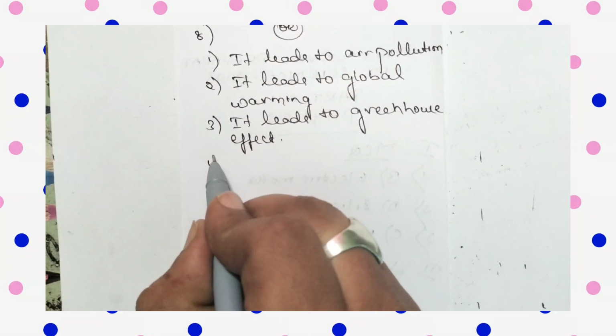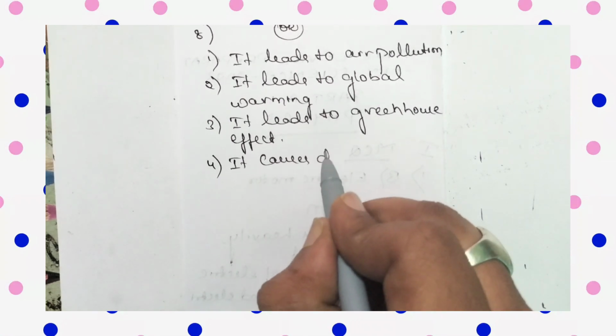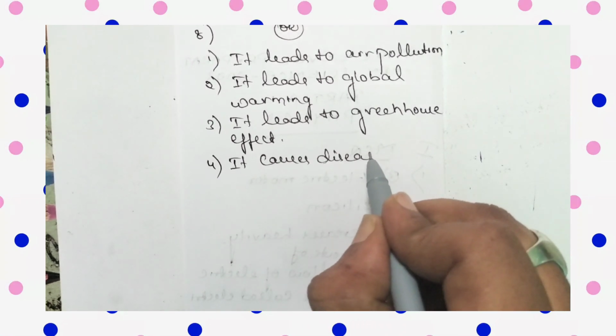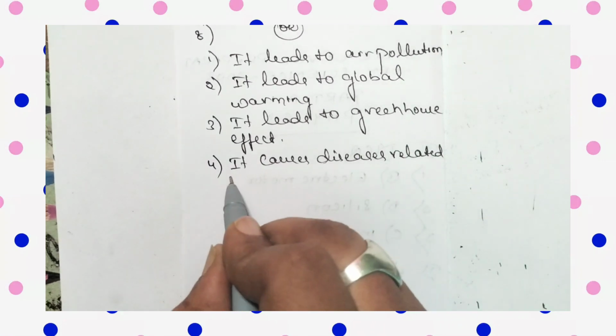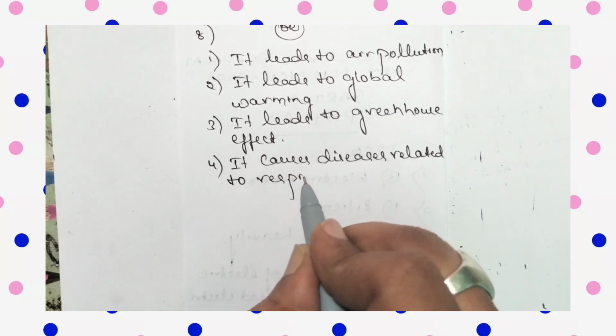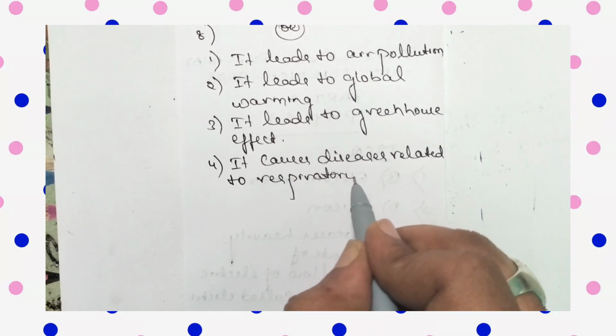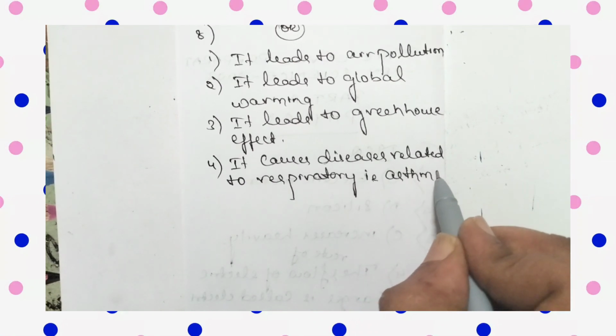Then it causes diseases related to respiratory system, that is asthma. So it is for 2 marks.